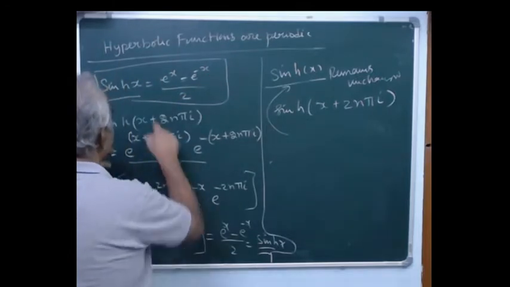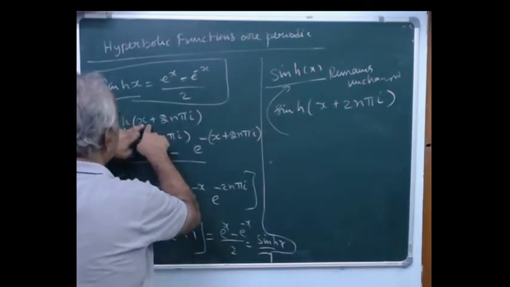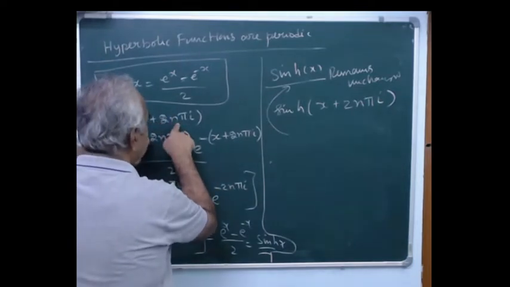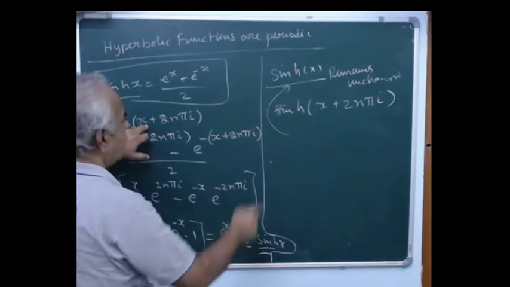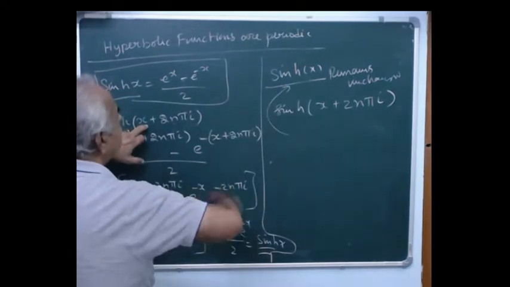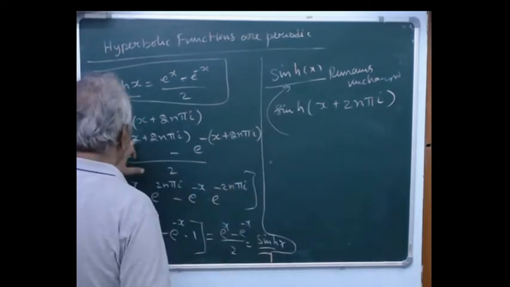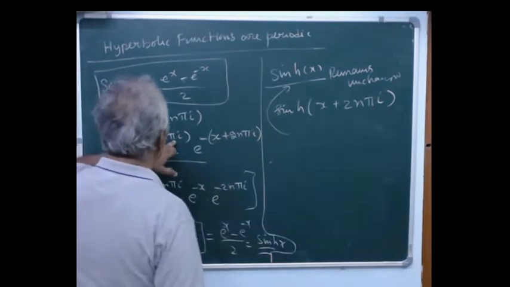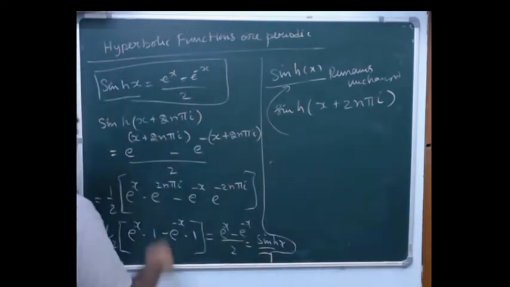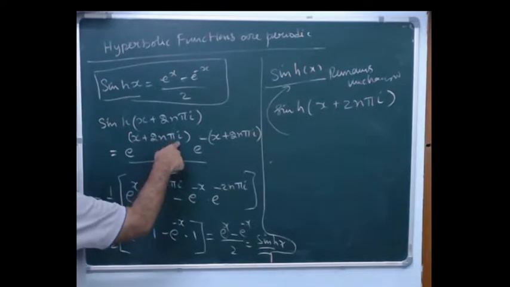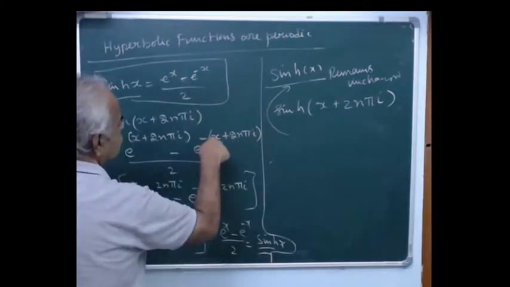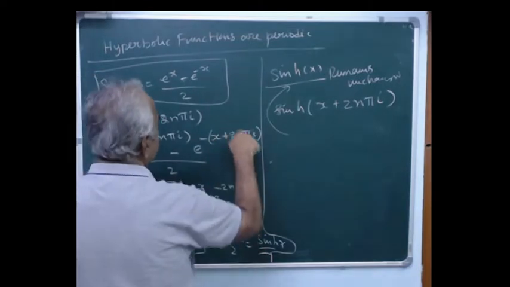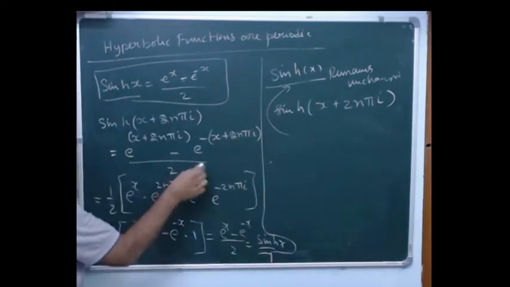So instead of x, we are going to have x + 2nπi, where 2nπi means n number of periods. So sinh(x + 2nπi) = (e^(x + 2nπi) - e^-(x + 2nπi)) divided by 2.